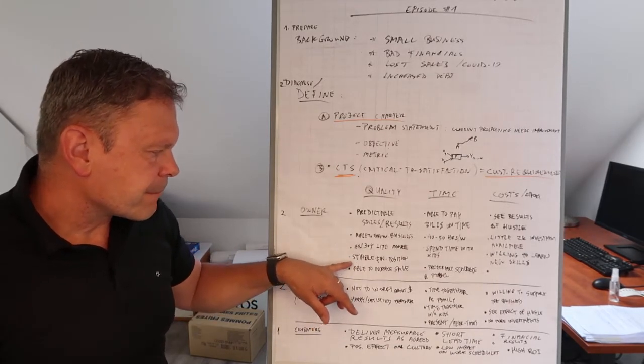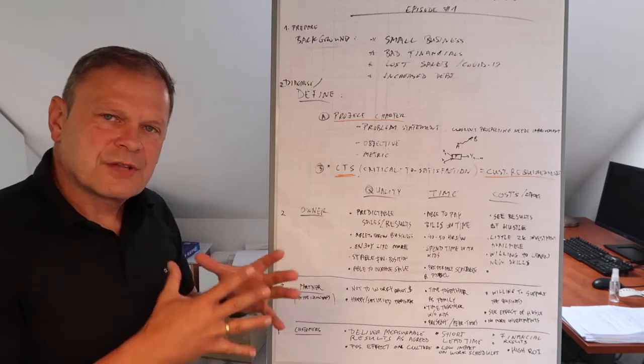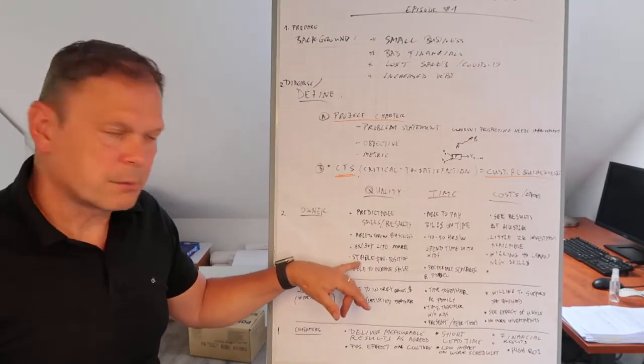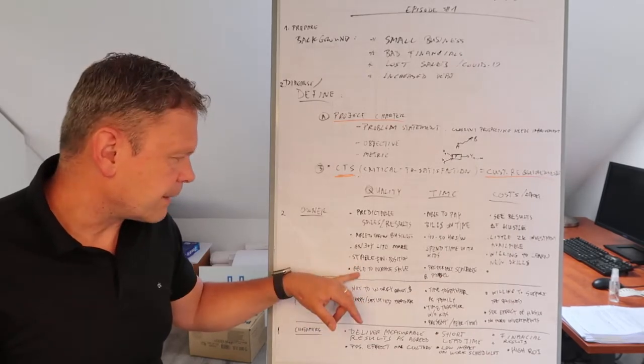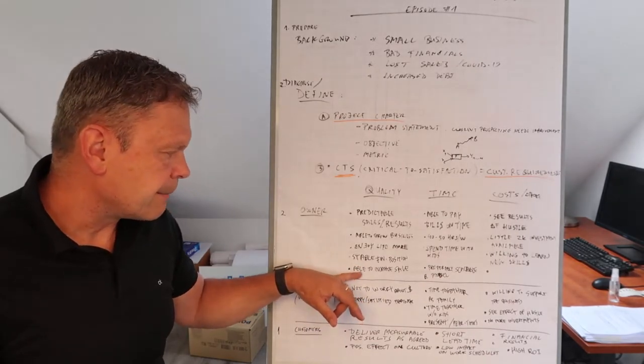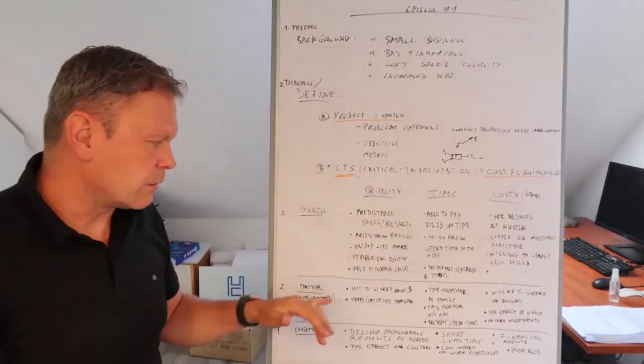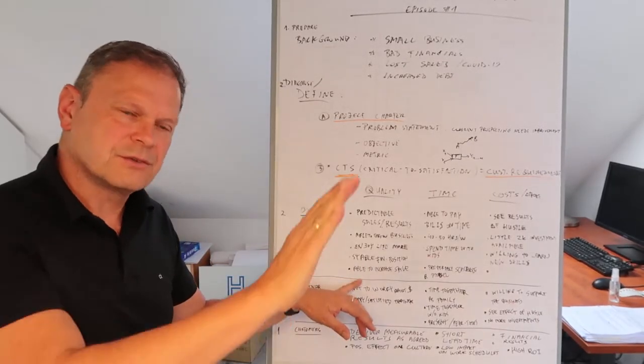And I would like to create a stable financial position for my company and for my family as well. And I would like to be able to increase sales, to have impact on sales, to know what I need to do to increase sales.